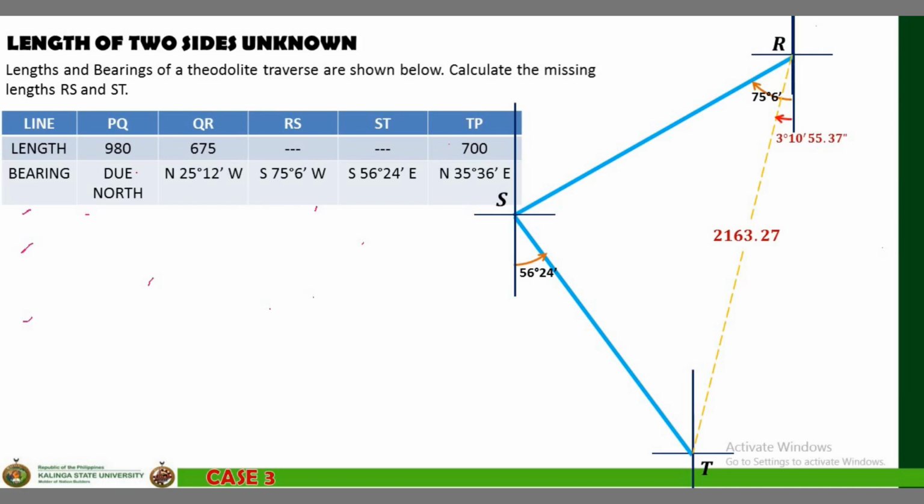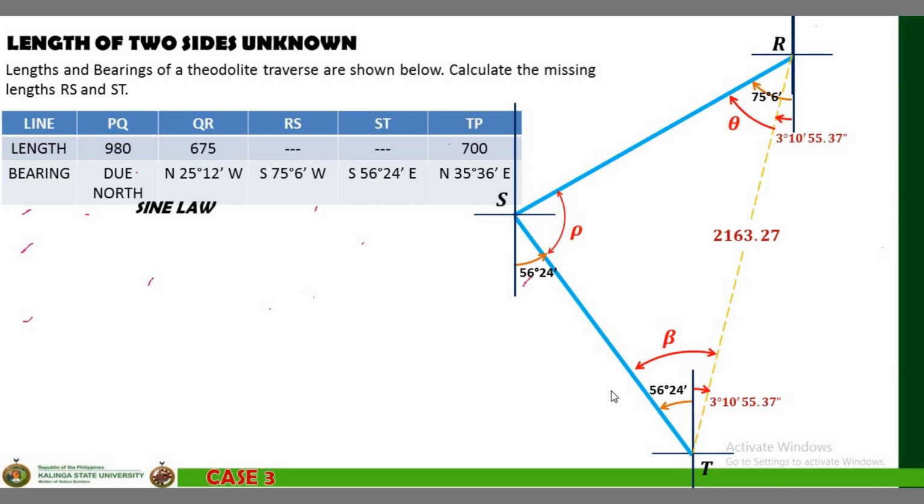If that is 3 degrees 10 minutes, I can say that this angle is also equal to 3 degrees 10 minutes. Right? Now, this angle here is 56 degrees 24 minutes. I can also say that this angle is equal to 56 degrees 24 minutes. So now I need to get the values of the internal angles, angles rho, theta, and beta. How do I solve this?